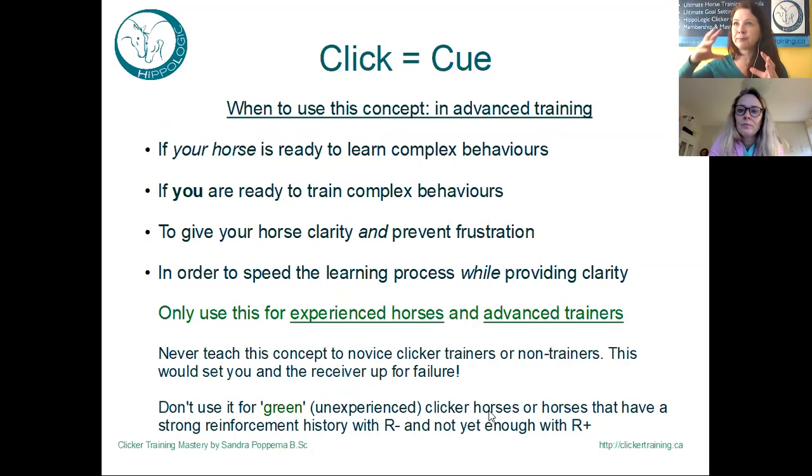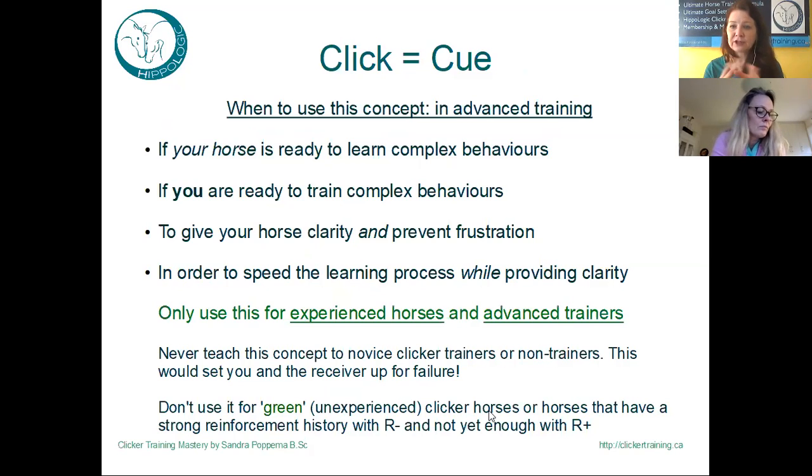So then you pull the click and the delivery of the reinforcer apart. So the click will really become a cue for a different behavior, a second behavior. And it can help you speed up the learning process while providing clarity.